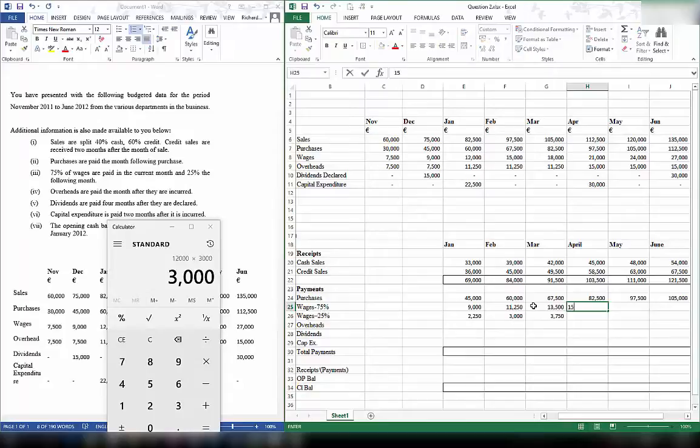So 15,750 is 75% for this month, and we want 25% from the previous month as well. So we want 18,000 by 25% to give us 4,500. In May, our wages were 24,000, so 75% of our 24,000 is 18,000, and we want 25% from the previous month, which is our 21,000, by 25% to give us 5,250.